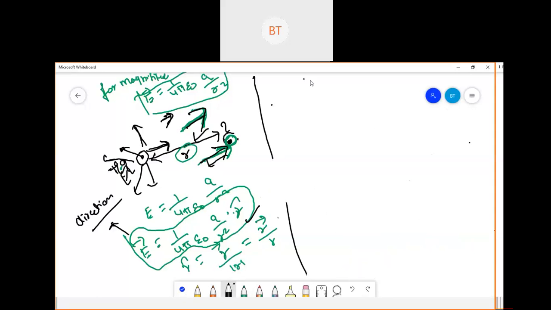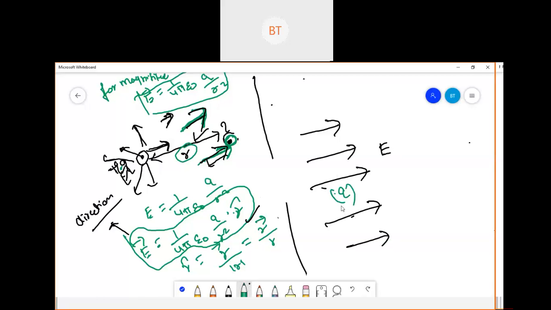Now I'll show you what will be the direction of a force under an electric field. Suppose this is our electric field. If I place a charge Q under a uniform electric field, a positive charge plus Q, then the force will be in the direction of the electric field.